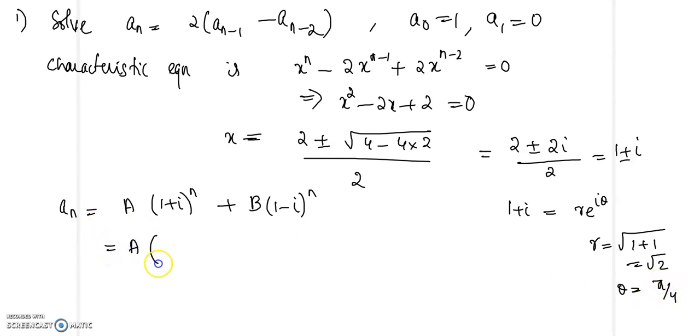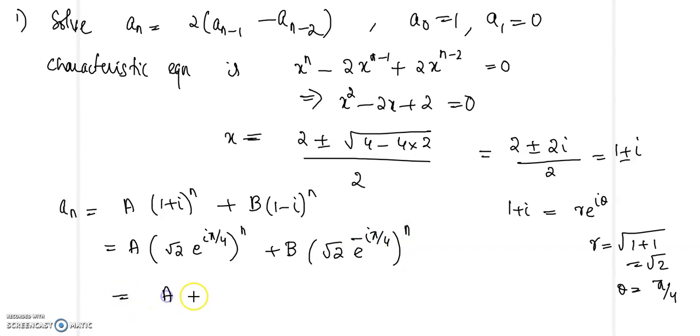So 1 plus i can be written as root 2 e^(i pi by 4), whole power n, and 1 minus i as root 2 e^(-i pi by 4), whole power n. So that will give a (root 2)^n e^(i n pi by 4) plus b (root 2)^n e^(-i n pi by 4).